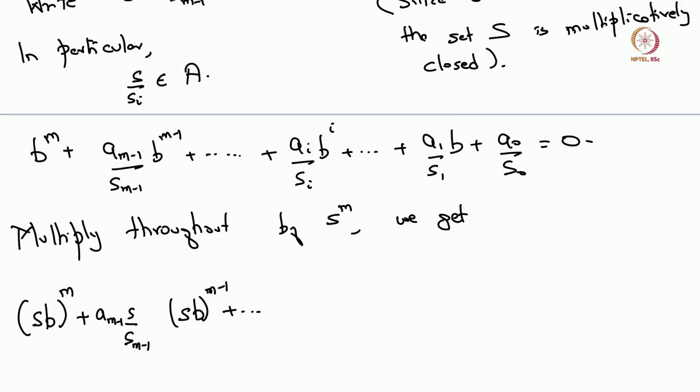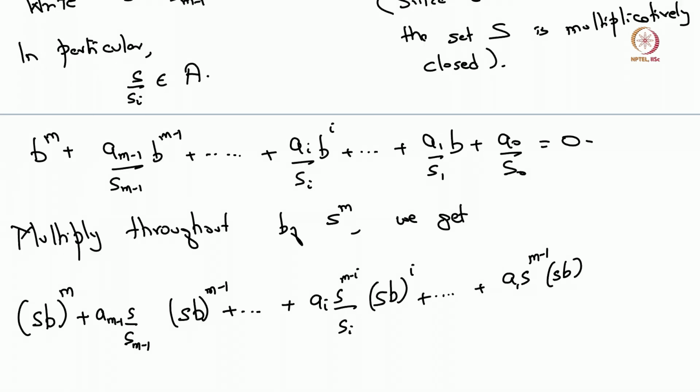Now if I just keep playing the same game, I have Ai times sb the whole raised to i, times s raised to m minus i over Si, so on and so forth, A1 s raised to m minus 1 divided by S1, plus A0 s to the m equals 0.